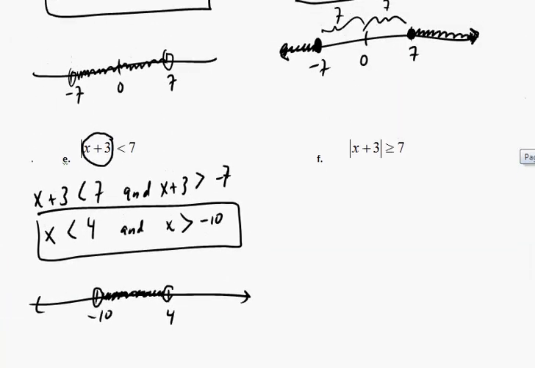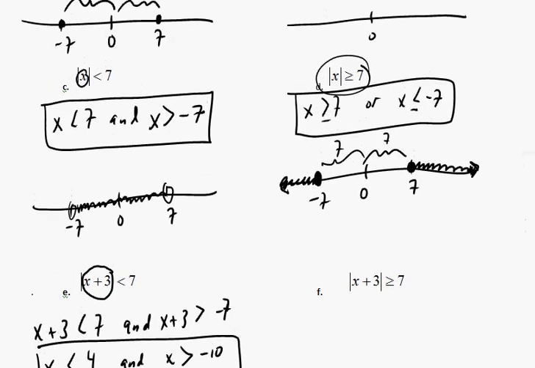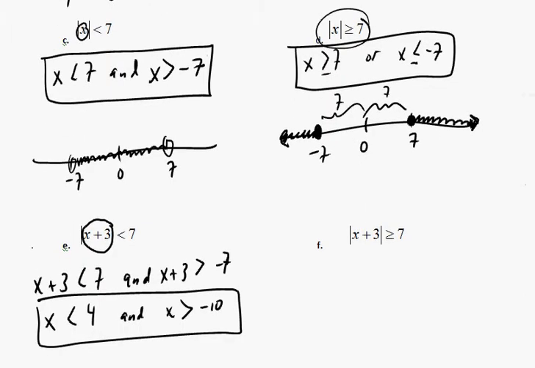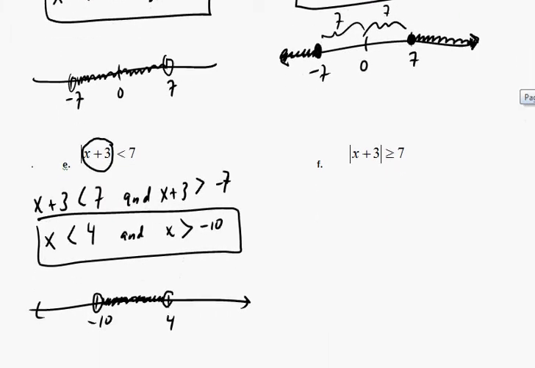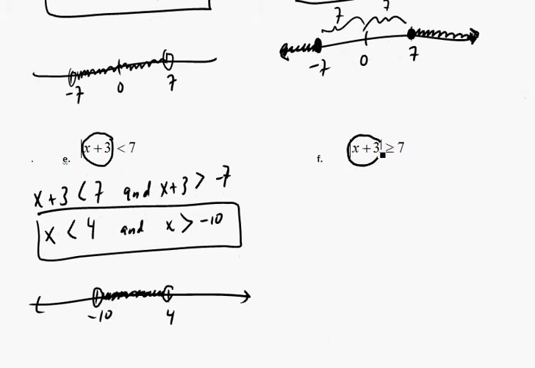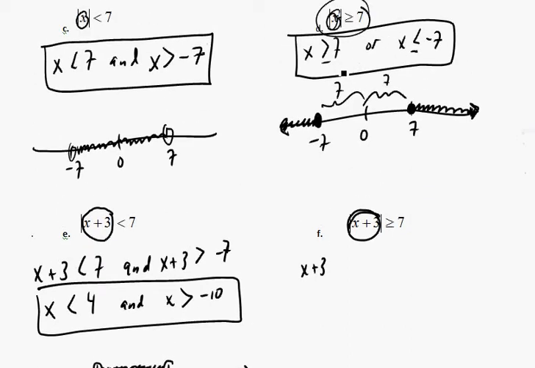Now for part F, again, if we consider the relationship of problem F to problem D, we'll see that in D, the value of x had to be greater than or equal to 7 or less than or equal to -7, which means in problem F, this quantity x plus 3 has to be greater than or equal to 7 or x plus 3 has to be less than or equal to -7.